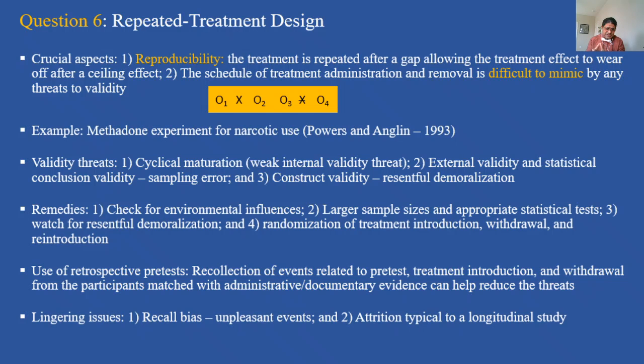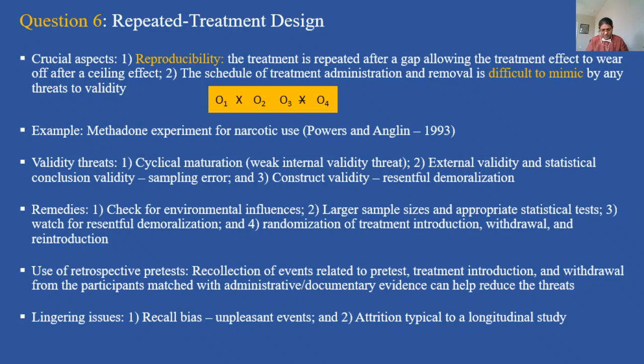The design may also be susceptible to external validity and statistical conclusion validity threats due to sampling errors. Lastly, construct validity could also be threatened by effect on the participant's behavior, which is typically seen as a resentful demoralization due to the withdrawals and then again admission of the treatment.